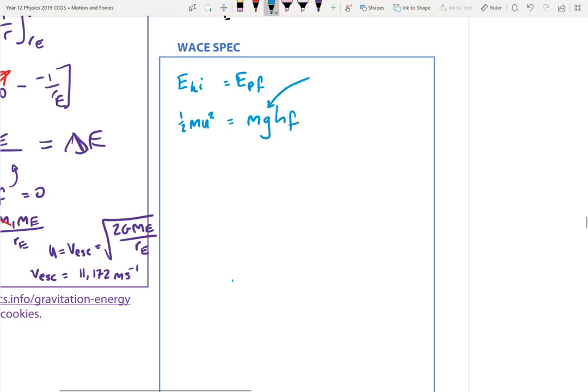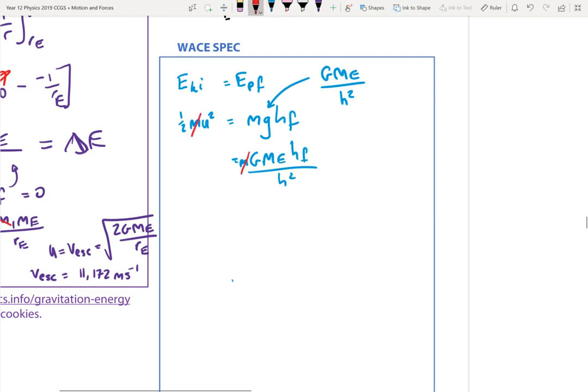But we do a little side mission and understand that g is not 9.8. That's the value at the surface. We could say that this varies as GME on H squared. Okay? So you get your g, your m, your ME, your H final over your H squared.